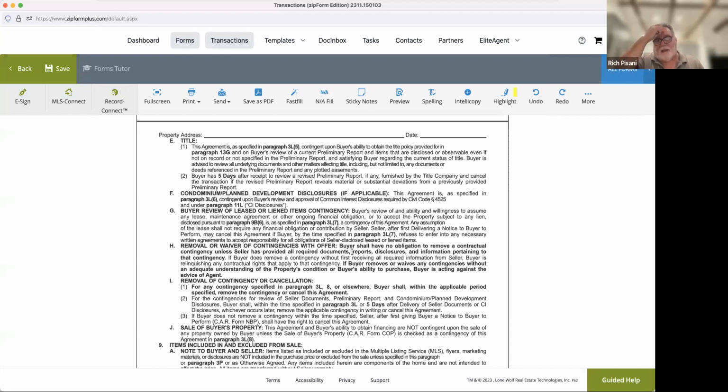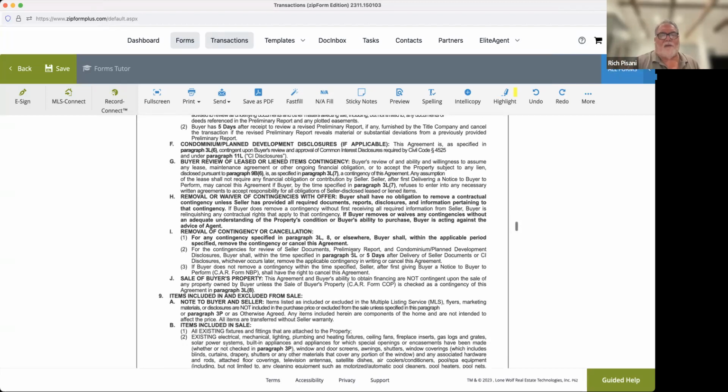And then the buyer has 5 days after receipt to review a revised preliminary report. And then it talks about buyer review of leased or liened items, removal or waiver of contingencies. Buyer shall have no obligation to remove a contractual contingency unless seller has provided all required documents, reports, disclosures, and information pertaining to that contingency.